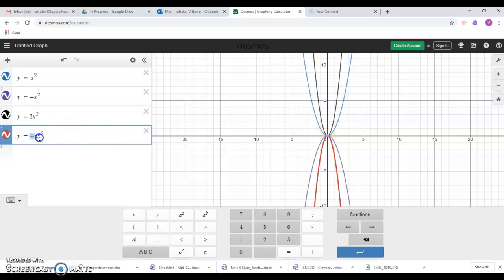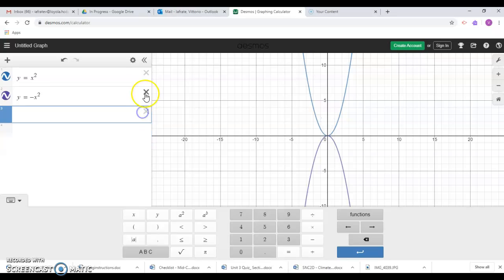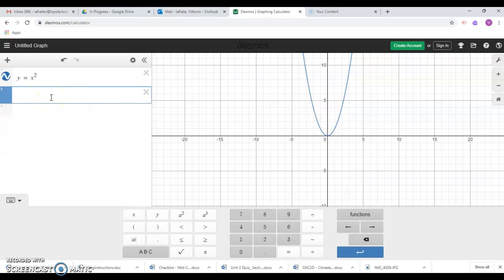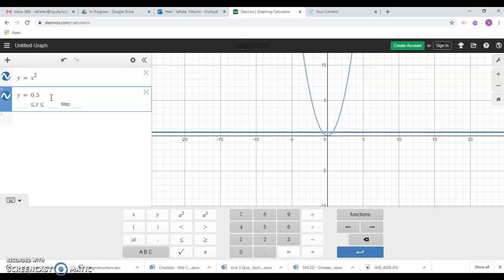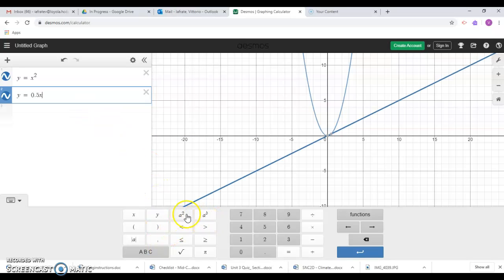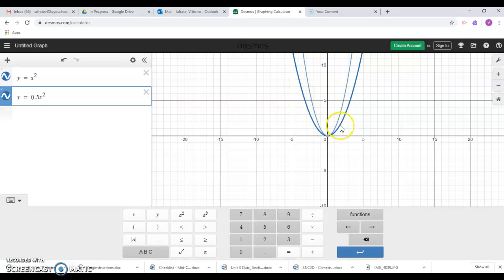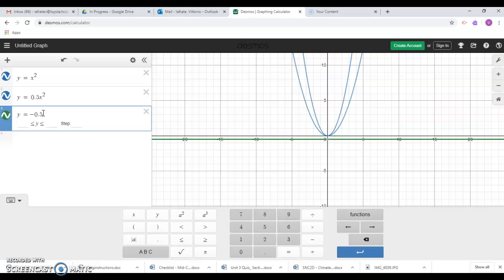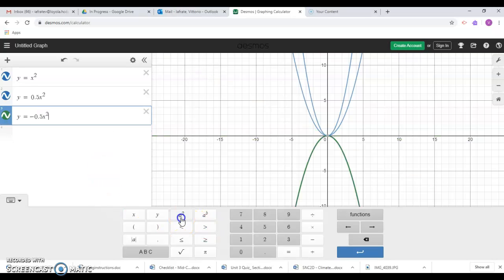So what we've seen in this one is an example of reflection occurring along with vertical stretching. You could also have a reflection and a compression at the same time. So for example, if we saw y is equal to 0.5x squared, we have a compression happening. But if I also want to apply a reflection, I could do negative 0.5x squared.